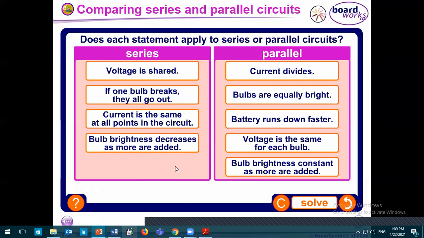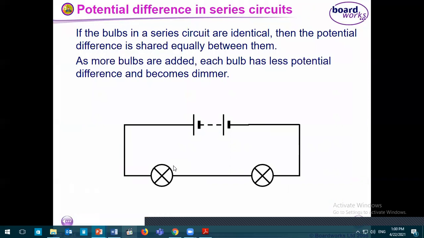Didn't I mention in the series circuit that if I have two bulbs, the energy will be divided over the two bulbs? Remember, if I'm having two batteries, the energy of the two batteries will actually divide over the two bulbs. So that's why if I added more bulbs, it would get dimmer and dimmer. It will become less bright.